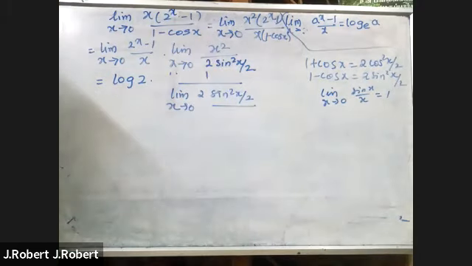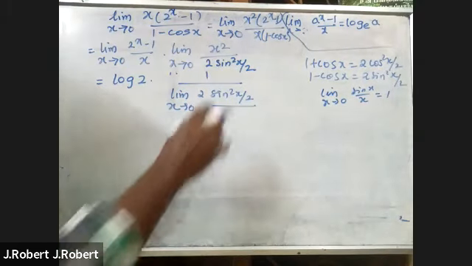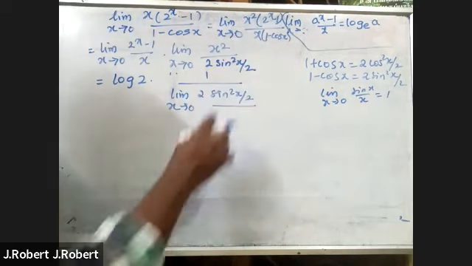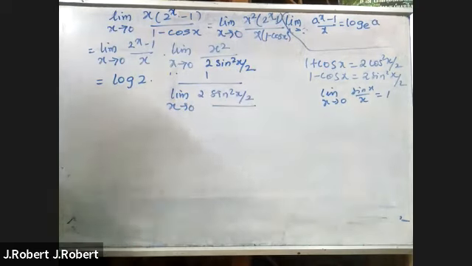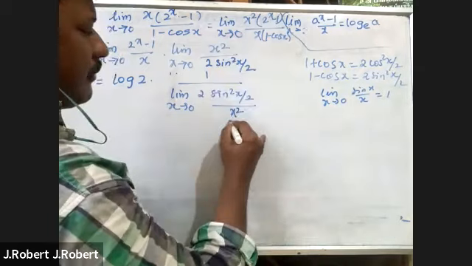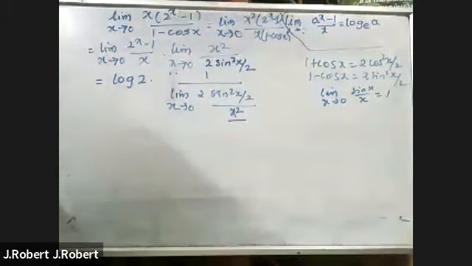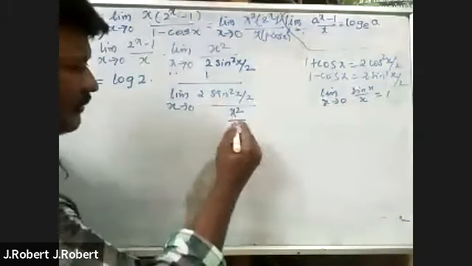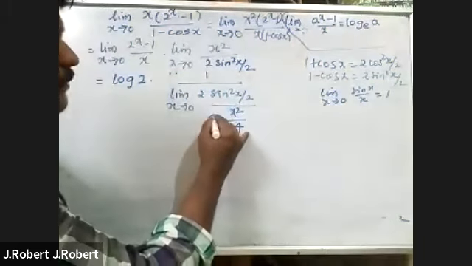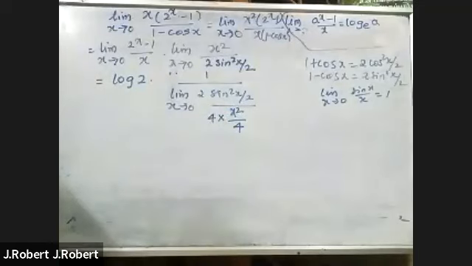Now here there is a square. We want x square by 2, so 2 x square by 4. What I am doing here is putting x square divided by 4. Whenever we divide by 4, we have to multiply by 4.